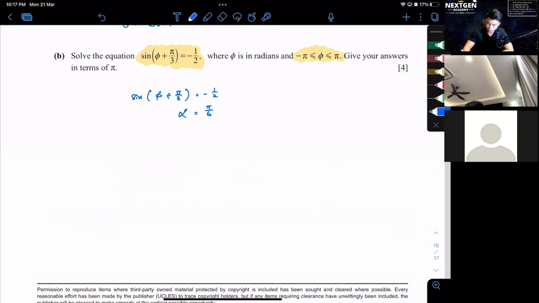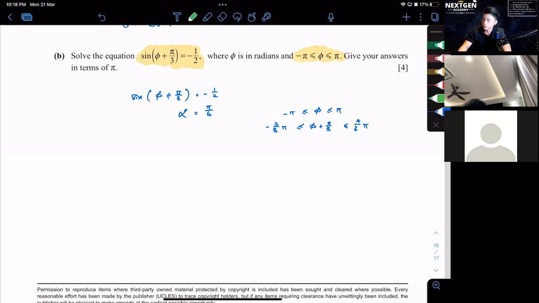Make sure you change your angle here also. So phi plus pi over 3 will give me negative 2 over 3 pi, and this will give me 4 over 3 pi.